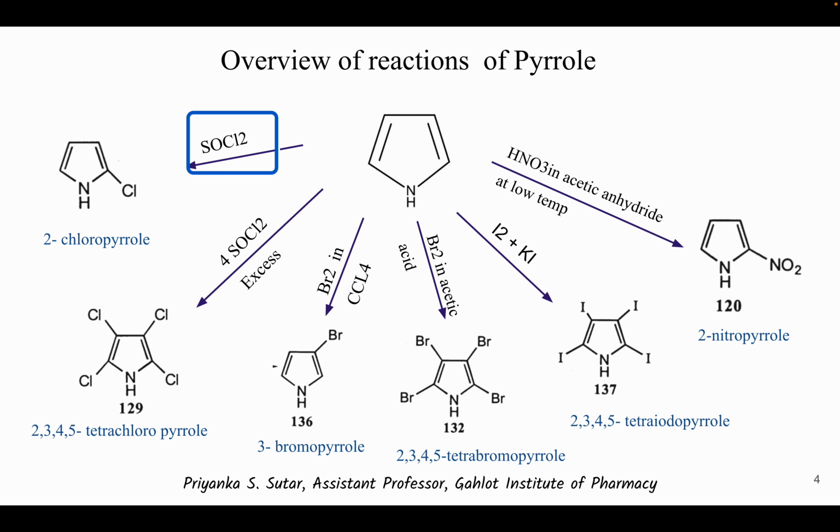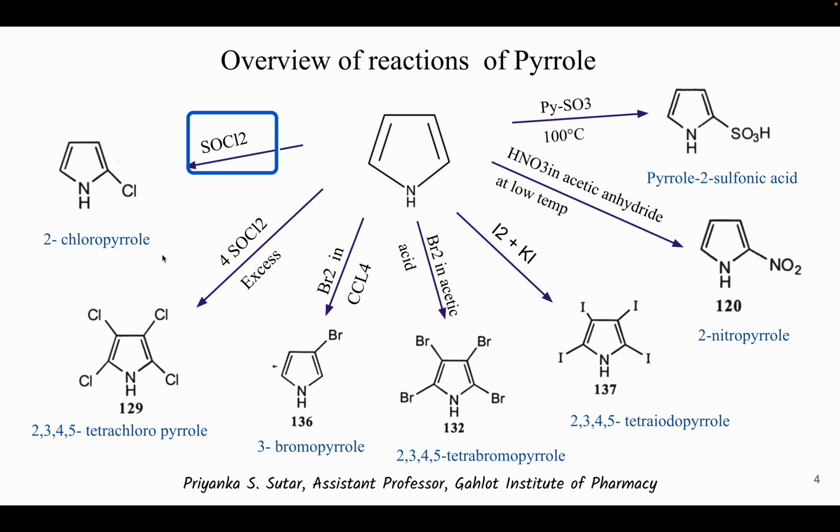So instead of acidic conditions, it uses acetic anhydride. Then sulphonation takes place in the presence of the reagent pyridine sulfonic acid at 100 degrees Celsius. It will give pyrrole-2-sulfonic acid.